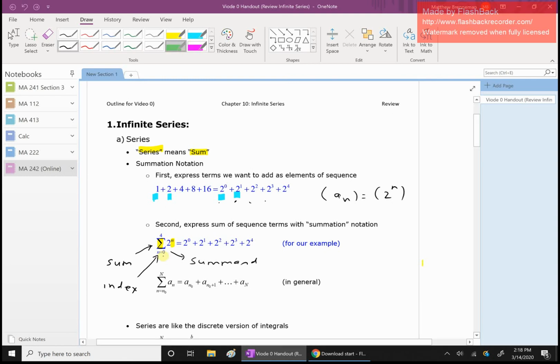This is called the lower index. n equal to 0 is telling us to start with n equal to 0. And then we have to tell it what value of n we want to end the sum at, and this of course is called the upper index.